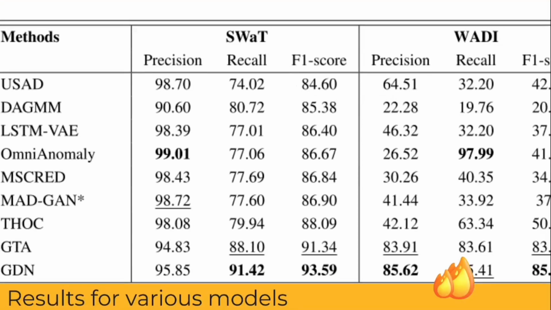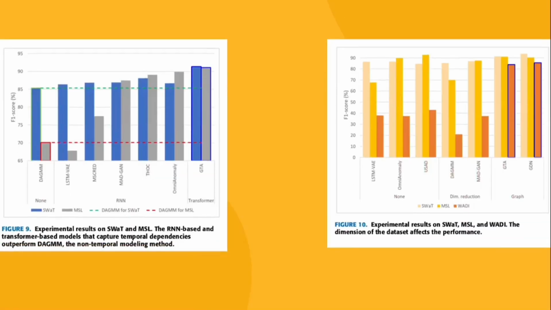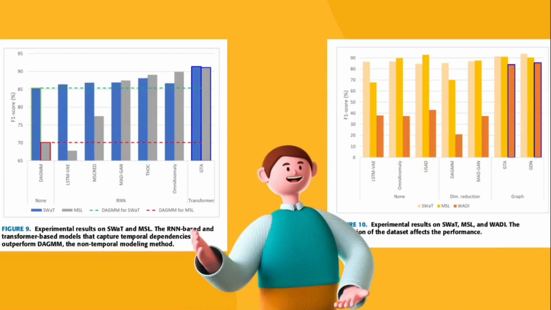And in this slide there are results of the various models. The data which are colored dark black are the best out of the others. These graphs show how the results perform on SWAT and MSL datasets.